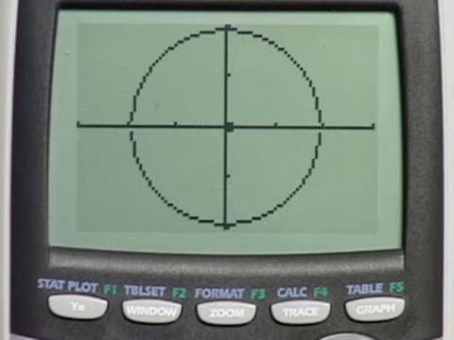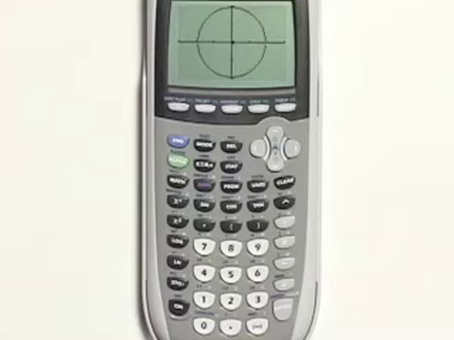Now for part B, it asked us to find the minimum distance between the sun and the orbit of Uranus. And what I want to point out is that minimum distance would have to occur, of course, when Uranus is closest to the sun. And since the sun is at 0.90 along the x-axis, the minimum distance will occur along that x-axis.